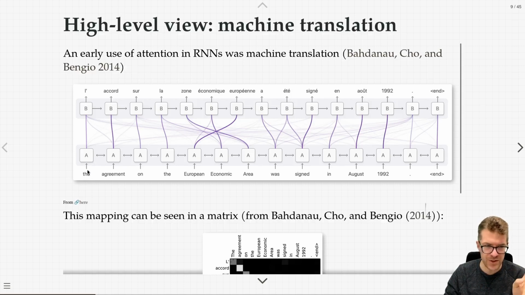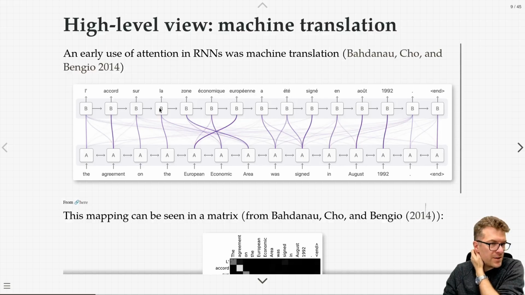And you have representations for the agreement on the European economic, etc. And all of this information is encoded within these hidden vectors, here just represented as these A's. That's the encoder. The decoder is producing the French translation of this English sentence. So you have le, accord, sur, la, zone, and so on.